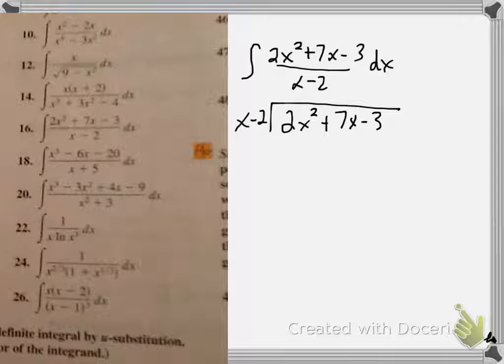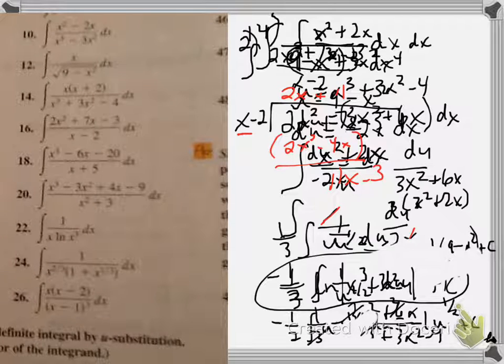We see x goes into 2x squared 2x times. It's like regular division: you multiply, bring it down, and then you subtract. 7 minus negative 4 is 11, and that is 11x.